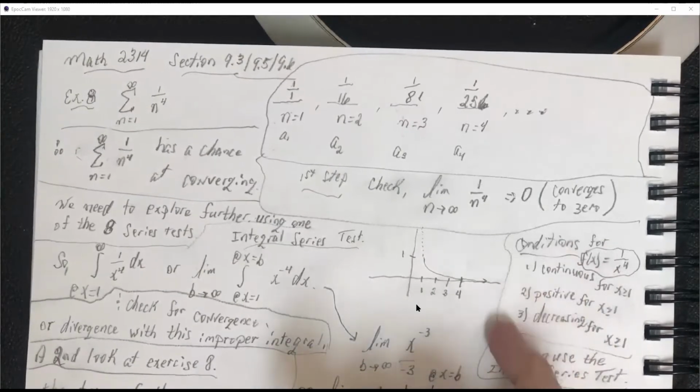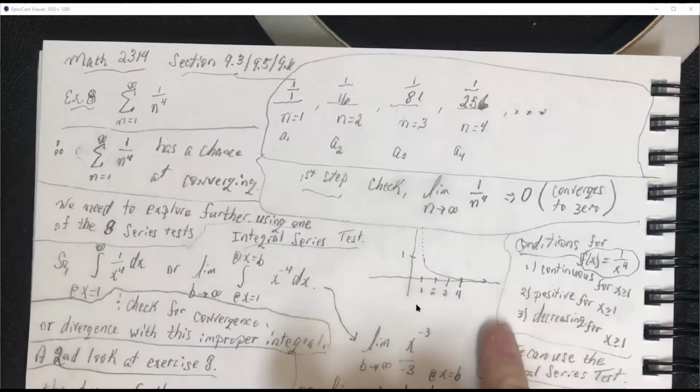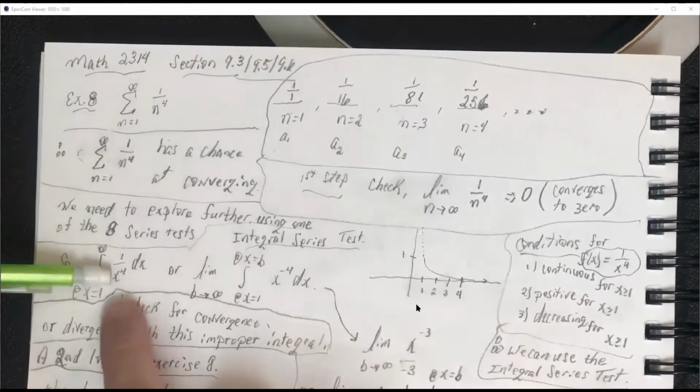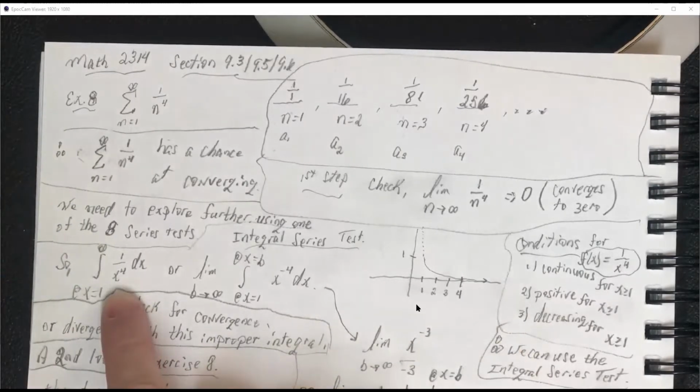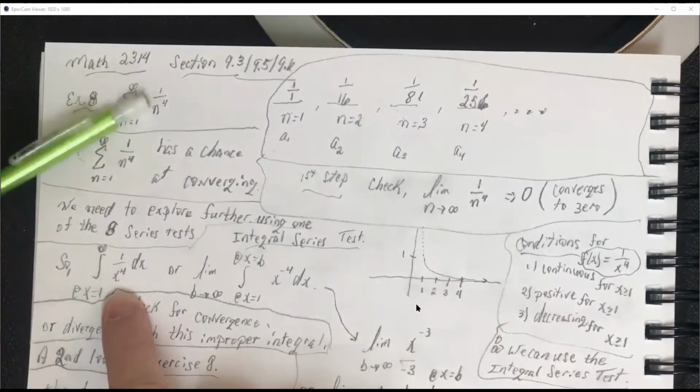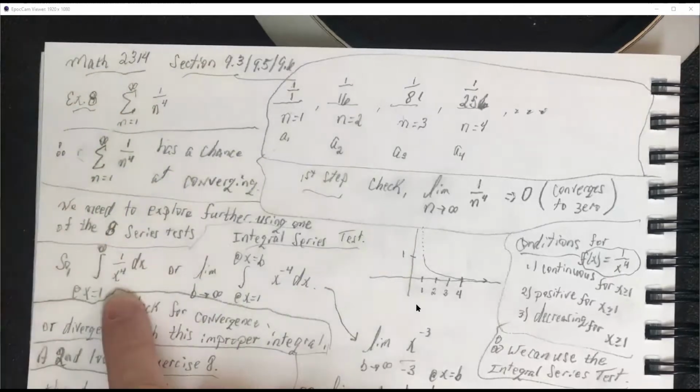Provided the 3 conditions are met, which we're going to show that they are, and also if we are able to integrate this with relative ease, then the integral series test is a great test to use to determine if the series up here, that infinite sum, converges or diverges.